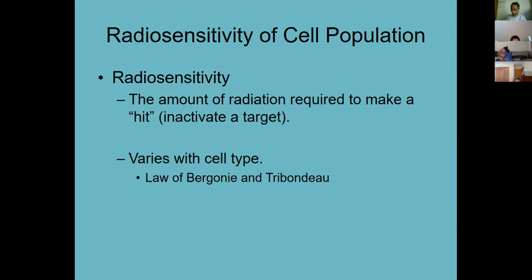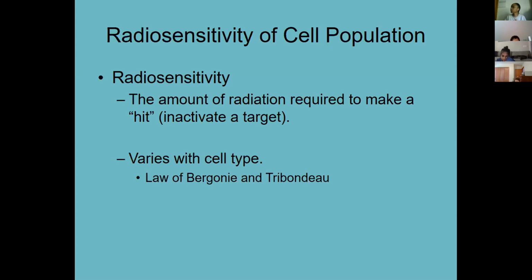It's the dose of radiation that it takes to kill a target or inactivate a target. You say, well, how much does it take? And the answer is, it depends. The radiosensitivity varies with cell type. And the radiosensitivity of the cell type varies according to the law of Bergonie and Tribondeau.